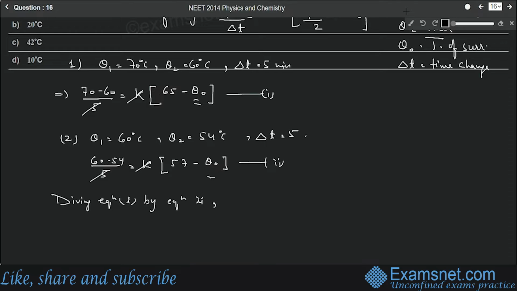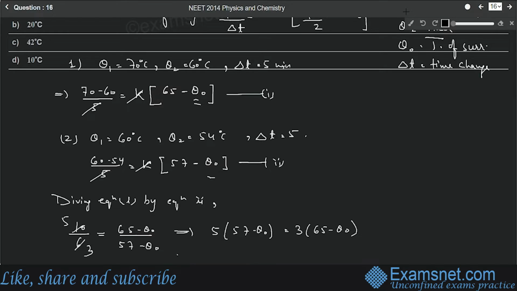So what will be left on the left hand side? 70 minus 60, that is 10, by 60 minus 54, that is 6, equals, on the right hand side, 65 minus theta naught upon 57 minus theta naught. If we simplify this, it will be 2 into 3, 6, and 2 into 5, 10. So 5 by 3. So let's cross multiply.